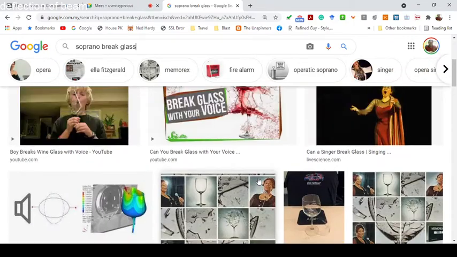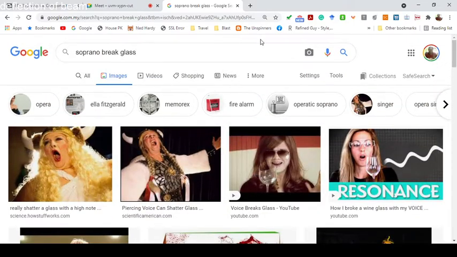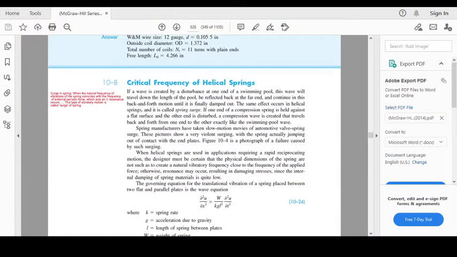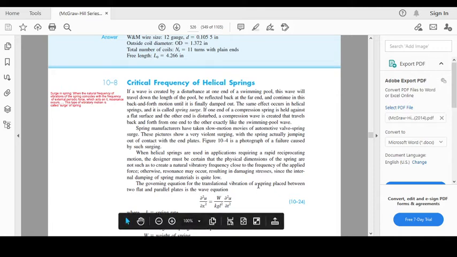So that happens. This is natural, and we are talking about natural frequency, a natural frequency of voice. The application of the frequency is unlimited. So we want to avoid that from happening.